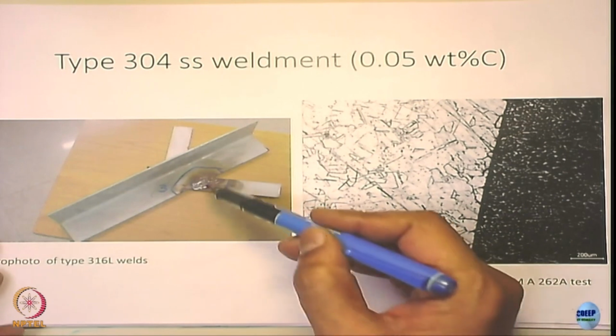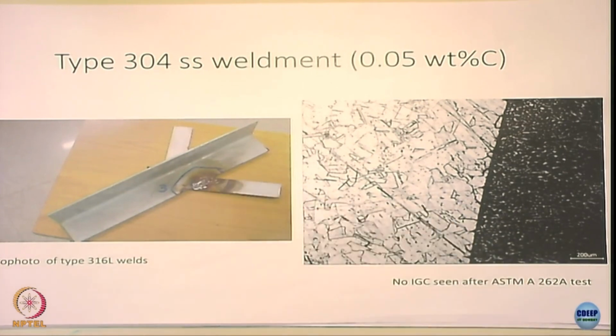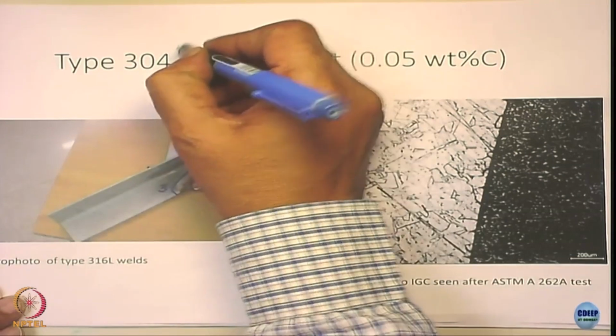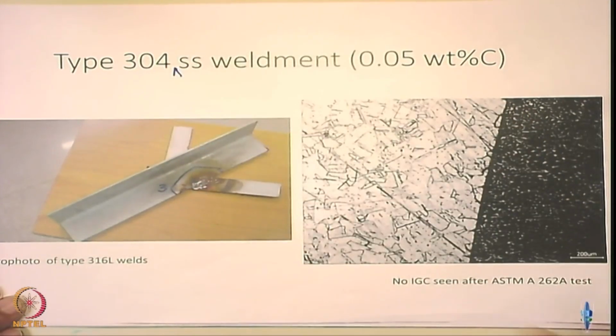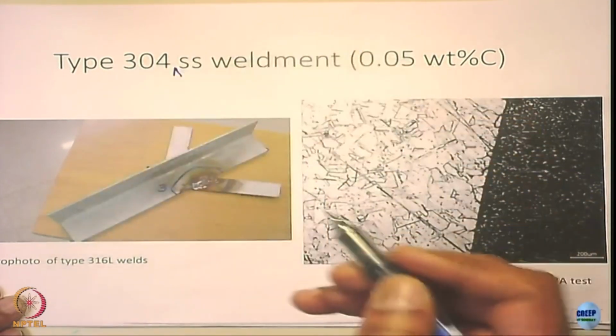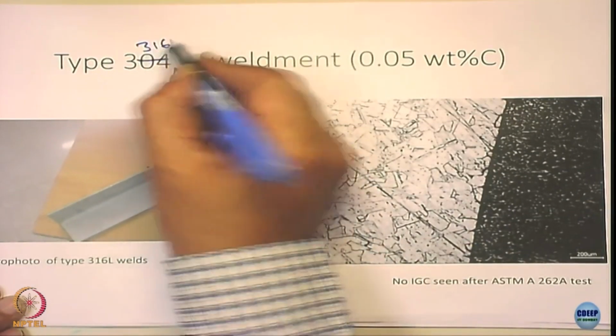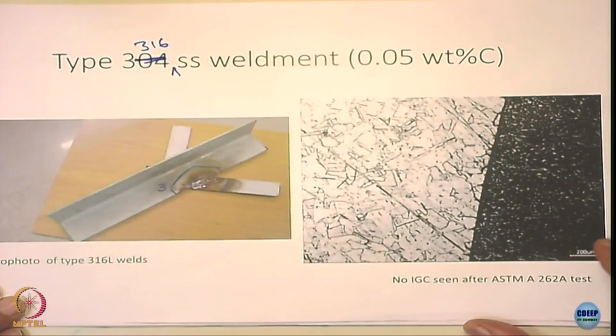This is a kind of welding done on a stainless steel. I think this is wrong, actually, this is a 304 stainless steel weldment, and this is a 316 stainless steel weldment.